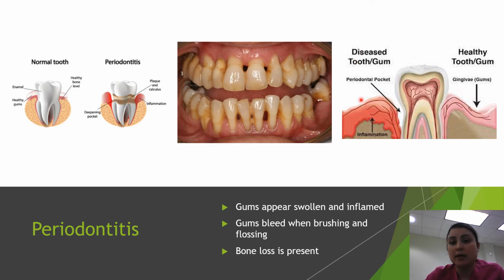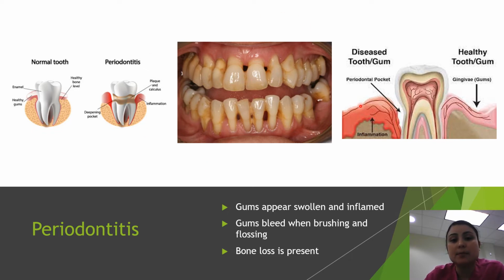Whereas on the other side, we see here where we have an infected site. The inflammation is causing the reddening, but now we also have breaking down of the bone. And as you can imagine, with this bone breaking down, the tooth starts to become more mobile, so it can start to feel wiggly. It's basically just not as nice and tight into your gums and into your bone because it doesn't have that bone to keep it in place.